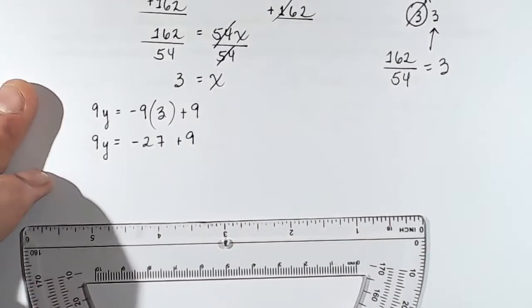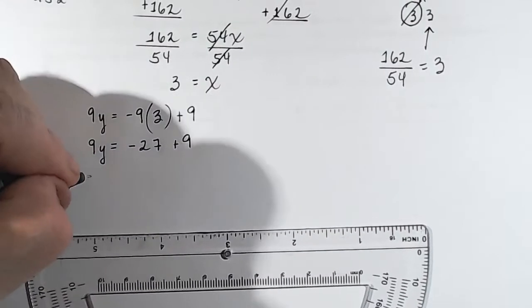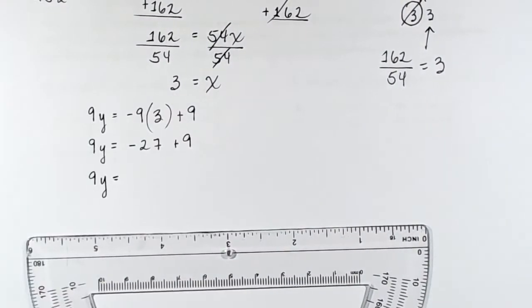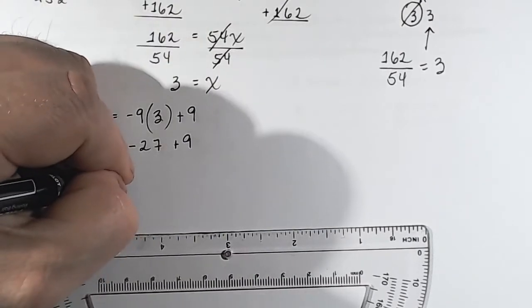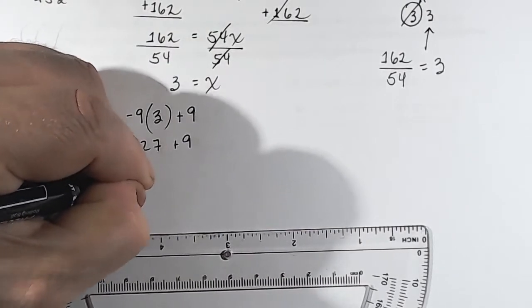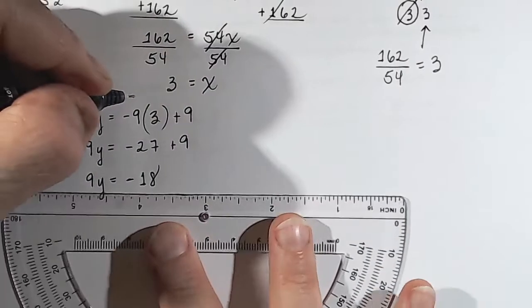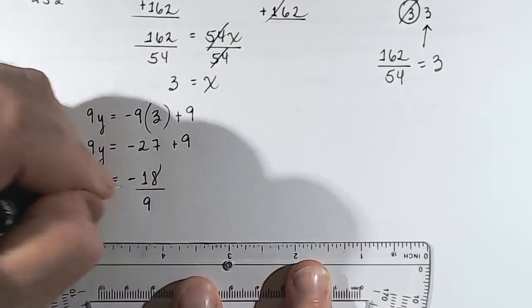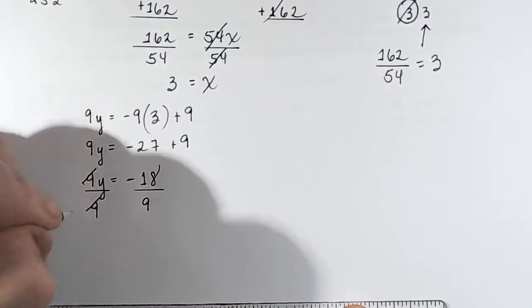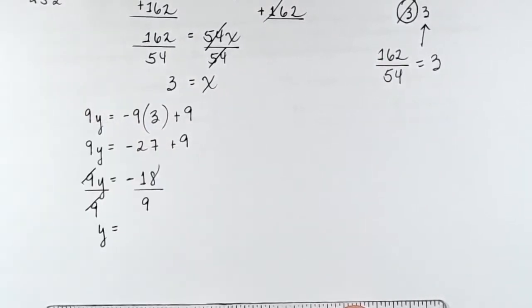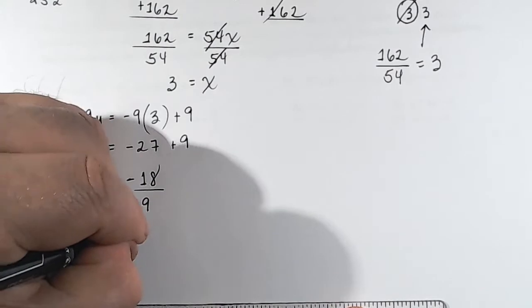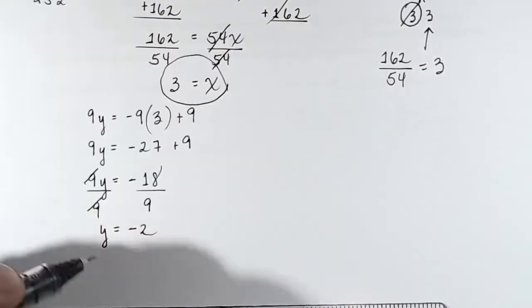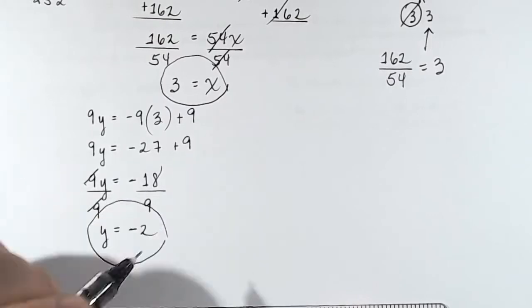Oops, you couldn't see anything I was writing. This is what I wrote. So I have 9y equals negative 27 plus 9 is negative 18. And now I divide both sides by 9. And y equals negative 18 divided by 9, which is negative 2. So I have x equals 3 and y equals negative 2.